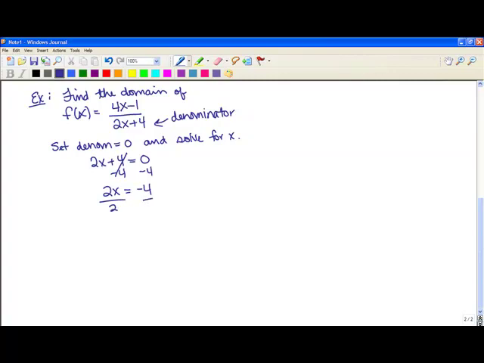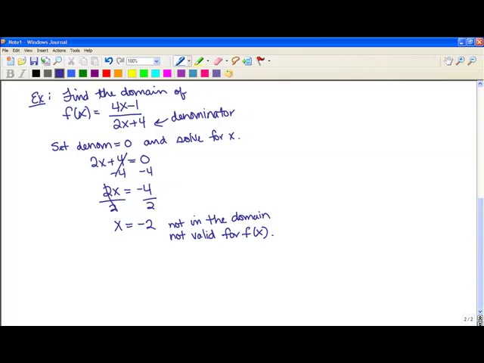And then divide both sides by 2. x will be negative 2. Now this number is not in the domain. This number is not valid with the function. And I'll show you why right now.